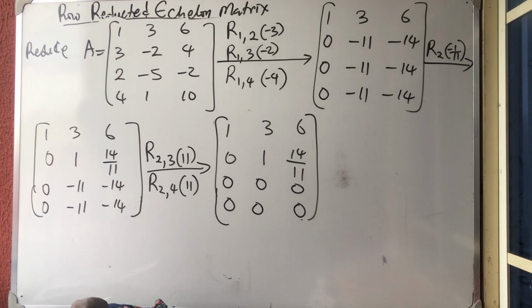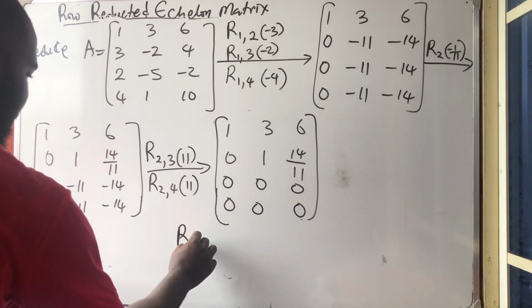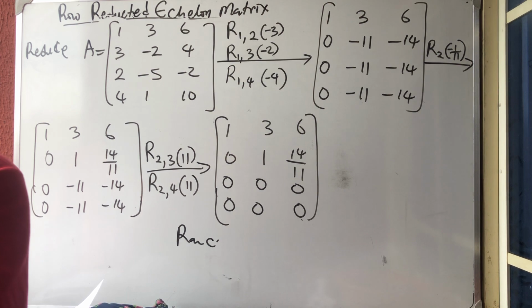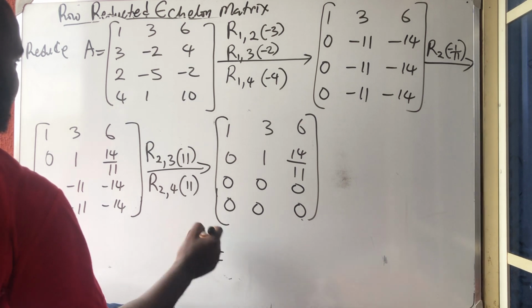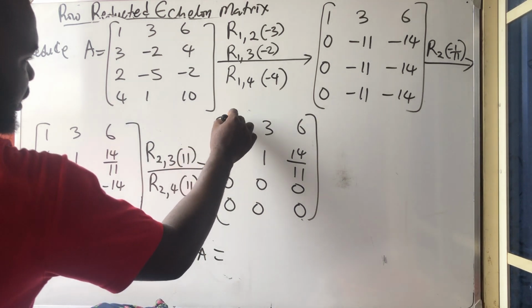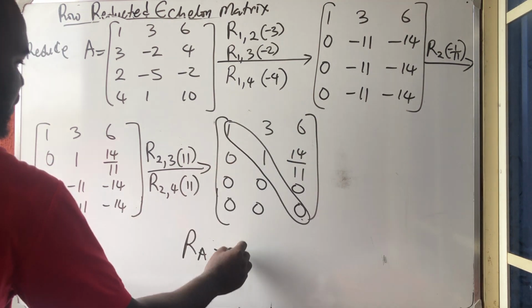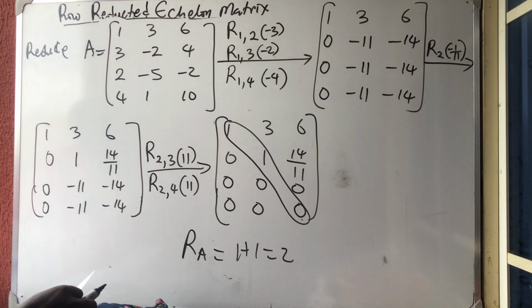So in this one, A, the row rank, how do we represent row rank? We call it R of A. R of A, that is the rank of A, is simply the leading entries of the diagonal. That is 1 plus 1, which is 2. Okay, so that is that.